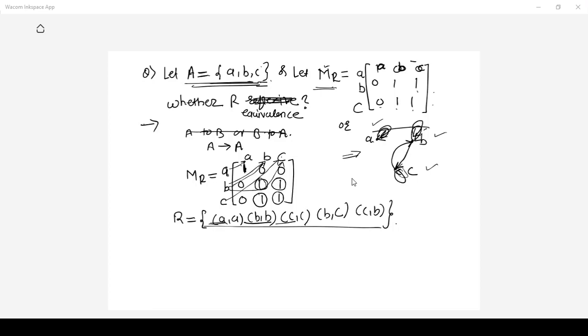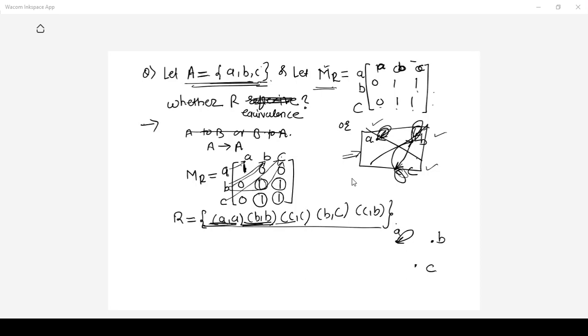Okay, or else again I'll rewrite it, A, B, C, to make it more clear. Okay. First pair is A comma A, so I can write A is related to A. This is called a self loop.